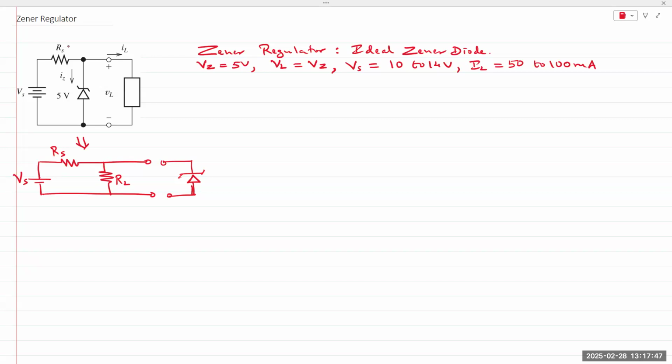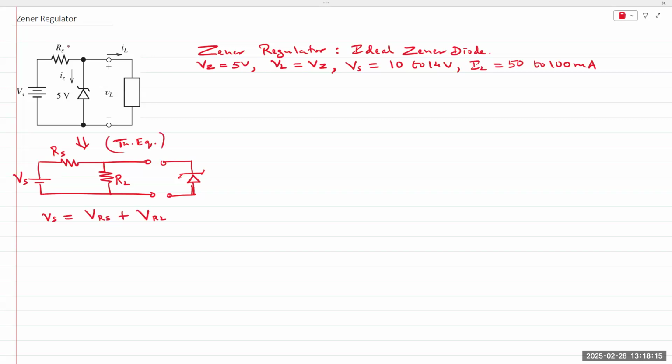If the voltage across RS increases, then the voltage across RL would decrease. So if you look at this Thevenin equivalent circuit and apply KVL, VS is equal to VRS plus VRL.